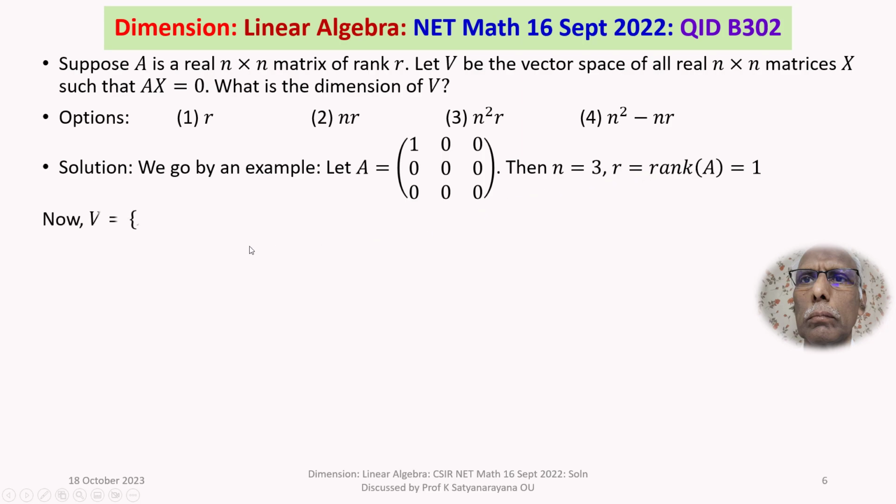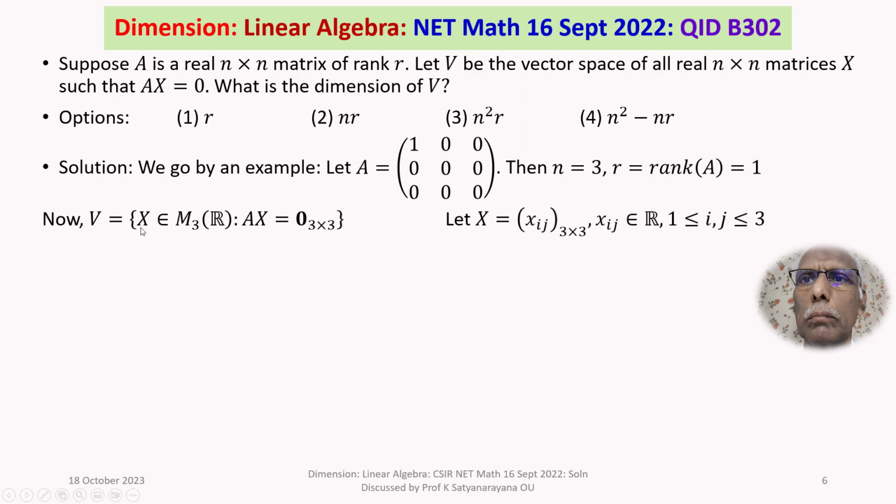Now, V is the set of all those 3 by 3 matrices capital X with real entries such that AX is equal to 0. Let us take capital X to be the 3 by 3 matrix Xij where the entries are real numbers for 1 less than or equal to i, j less than or equal to 3.